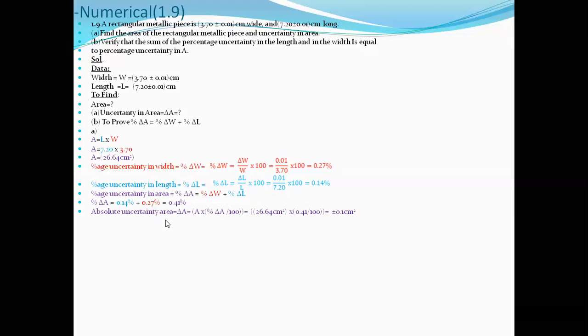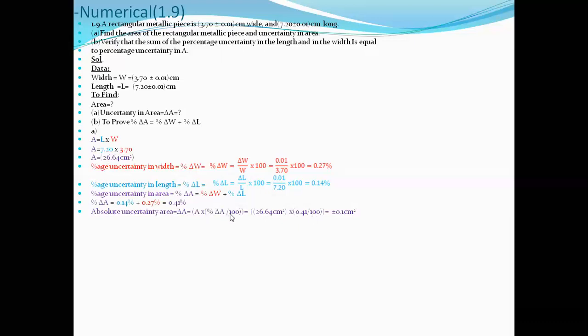The absolute uncertainty of the area is written as A into the percentage uncertainty of the area divided by 100, so we are converting the percentage into its value. Putting in the values, we get 26.6, which we calculated as the area A, multiplied by 0.41 divided by 100.